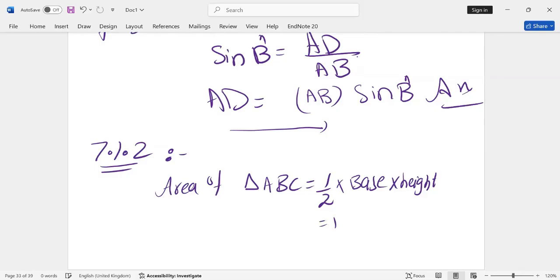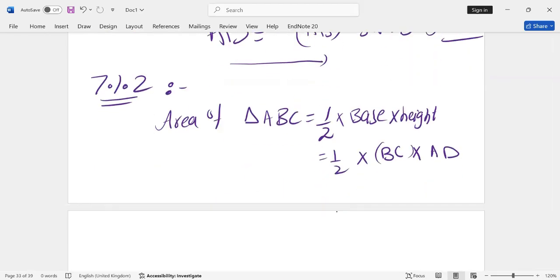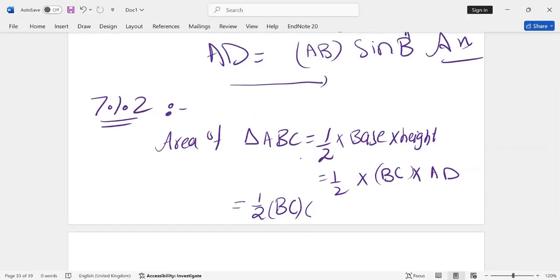So we have 1/2 multiplied by BC multiplied by AD. Substitute the value of AD over here, as we found the value of AD from 7.1.1. So the answer is 1/2 BC times AB sin B. This is the required answer that we need to find in this question.